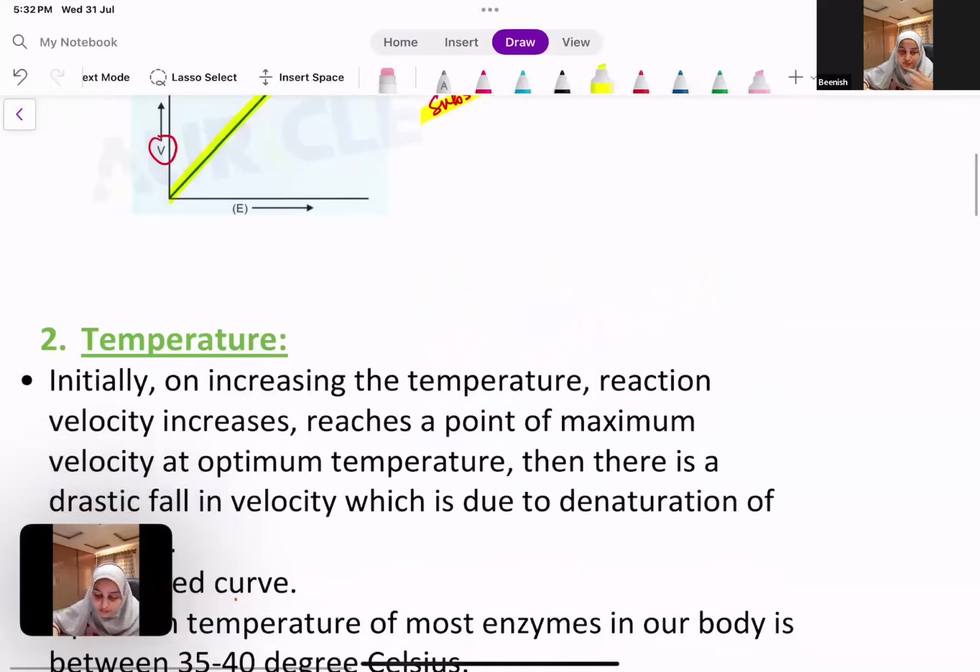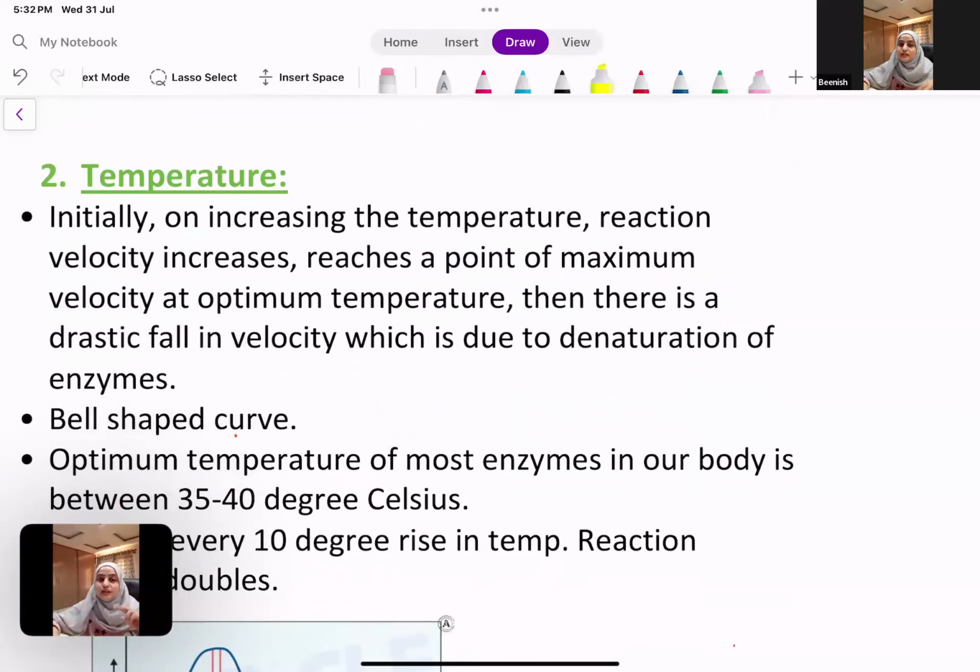Now talking about temperature. There are two ways of increasing the reaction velocity. First is by increasing the temperature. If you increase the temperature, the kinetic energy of the molecules is going to increase, and more of the reactants are going to cross the activation energy barrier and turn into products. The other way is that you use a catalyst.